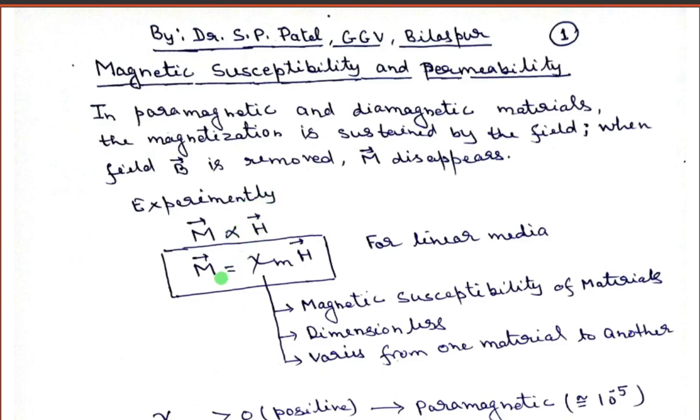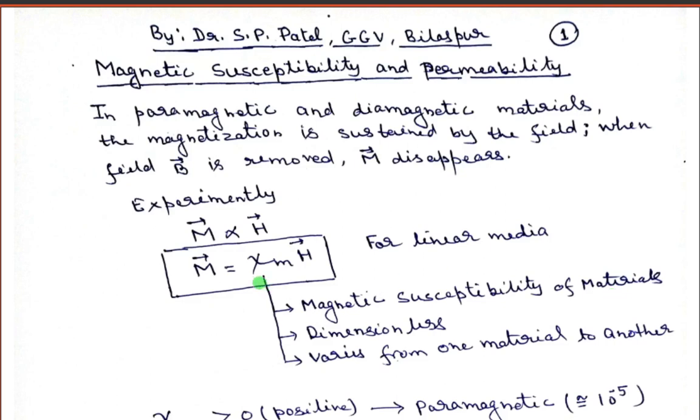If you remove the proportionality sign, there will be a proportionality constant. This constant is denoted as chi m, and it is known as the magnetic susceptibility of the material.